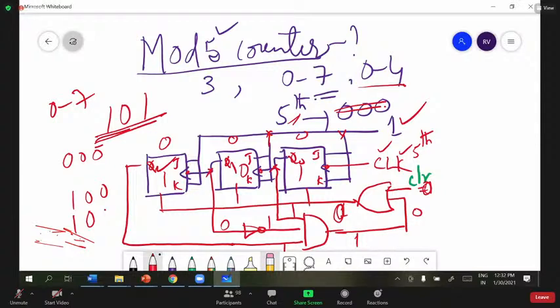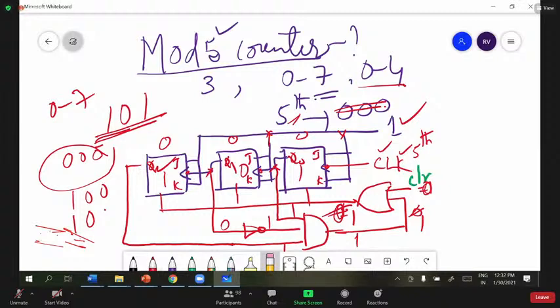But indirectly, by using this external circuit, once again I will tell you, I am making this 1. Therefore the output of this mod 5 counter just stops there. Whenever the fifth clock pulse is there, it shows 000.